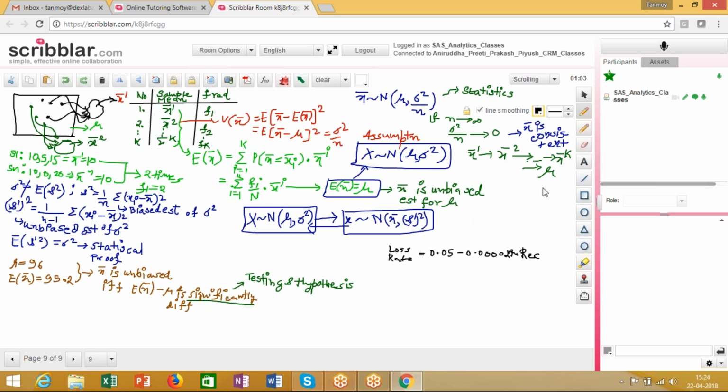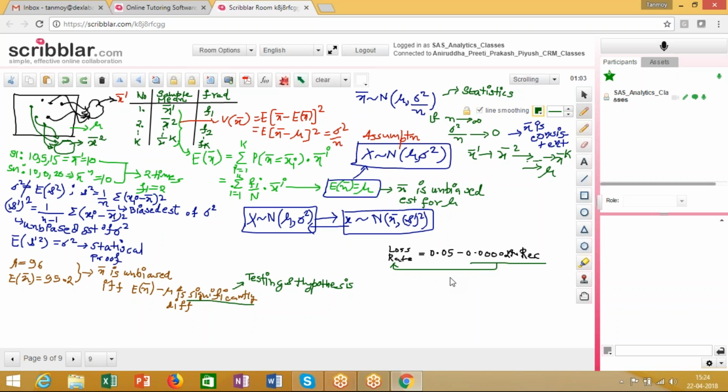So basically what I'm trying to assess is a causal relationship between recovery and loss rates, right? There must be a causal relationship between the two.